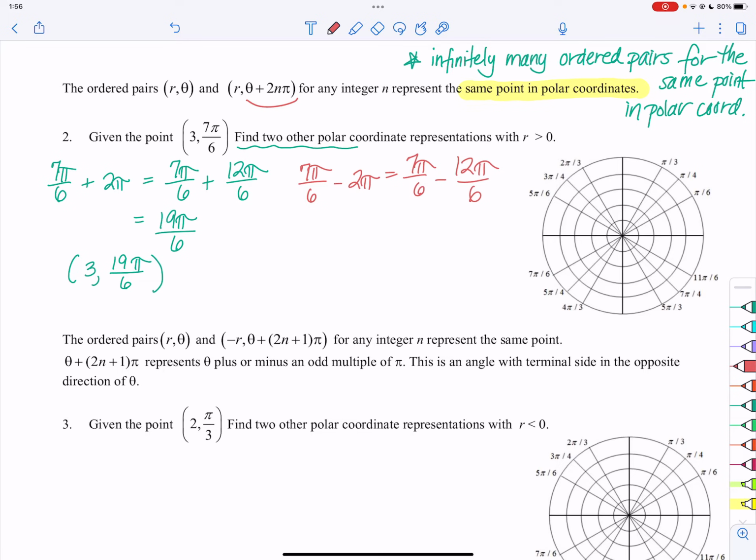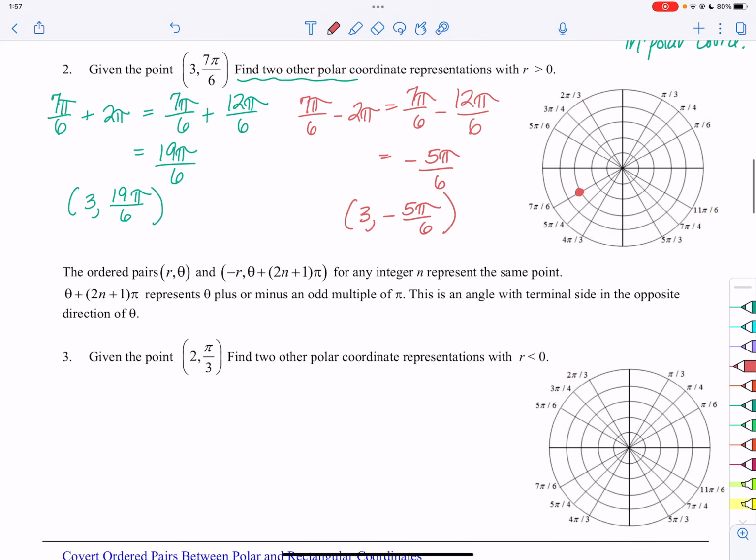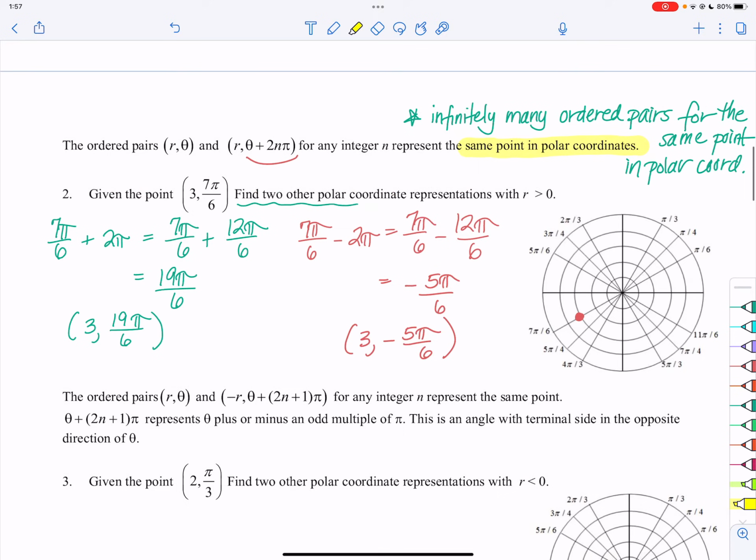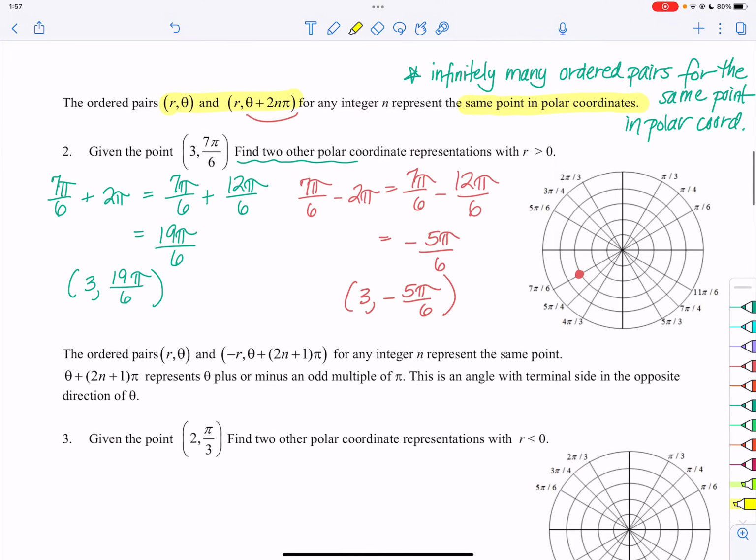And that gives us negative 5 pi over 6. So our ordered pair is 3, negative 5 pi over 6. And again, that is just this single point right here. Okay, the ordered pairs, and let me highlight this, the same point.